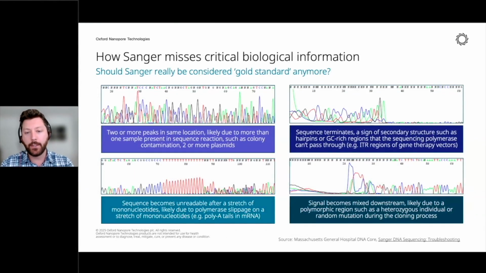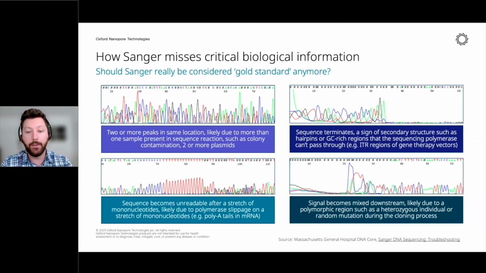So why is it that so many critical errors in these materials have gone undetected for so long? Well, part of the answer could lie in the limitations of legacy technologies, such as Sanger sequencing, which, despite still being commonly used, often can't capture the full biological complexity that today's applications demand. Here we see a few real-world examples of how Sanger sequencing can miss critical biological information due to inherent limitations of the technology.